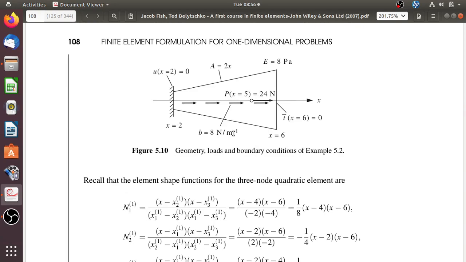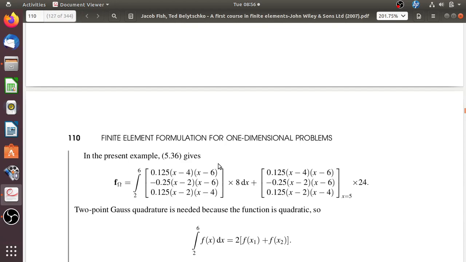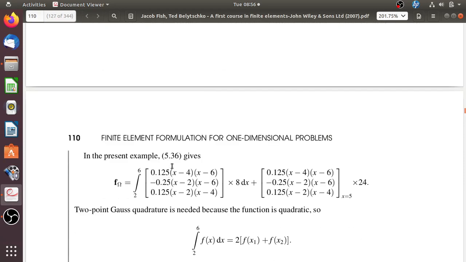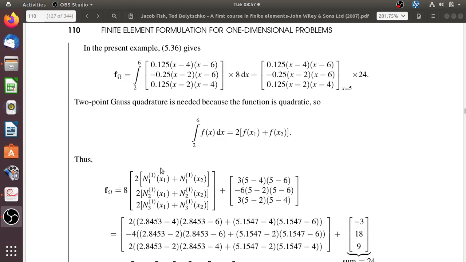So I'm going to use that value in the place of B, and if I do the multiplication, I will get it in this form, which I have to integrate. Forget about this part, and if you do the integration, you will get this thing.